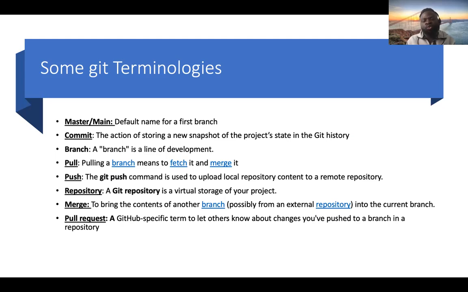A pull request will allow other developers to check their code and see what they're about to merge, because they don't want you to just write bad code. If a developer messes up the code and just puts it back there, it can bring down the whole application completely.